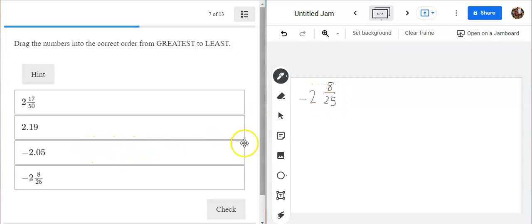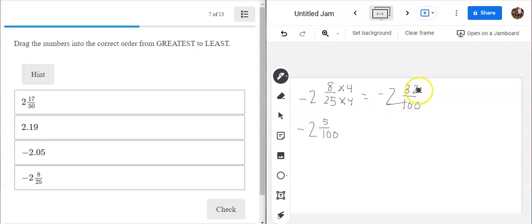And I'm going to change my -2.05 into a fraction. The 5 goes on top, and the 5 is in the hundredth spot. I'm going to make my 25 be 100 by multiplying by 4. Keep my negative whole number. 8 times 4 is 32. 25 times 4 is 100.